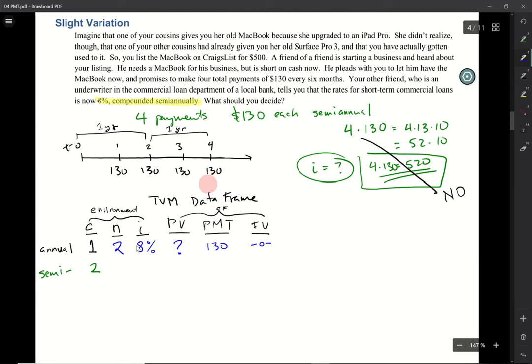So one way that FV is always the cash flow at the very end. Actually, right now, you could say, well, why isn't this the FV?